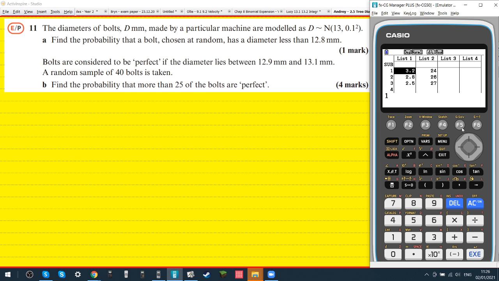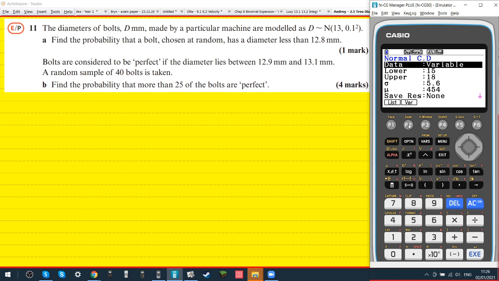Mean 13, standard deviation 0.1, lower 0, upper 12.8. Okay. And so I got 0.02275. Okay. Part B.